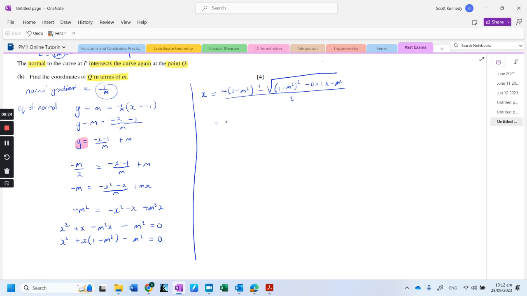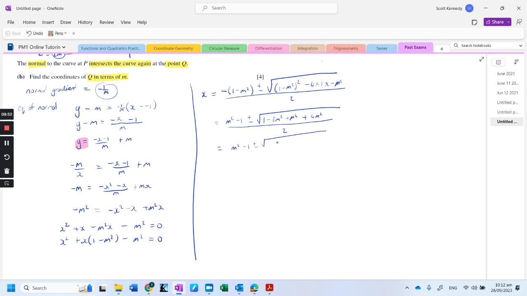So this will give us m squared minus 1 plus or minus the square root of, now we're going to expand this first bracket, so it'll be 1 minus 2m squared plus m to the power of 4 plus 4m squared, all over 2, equals m squared minus 1 plus or minus square root.